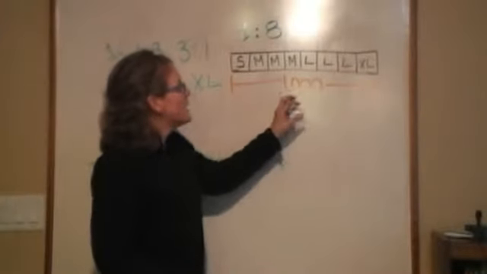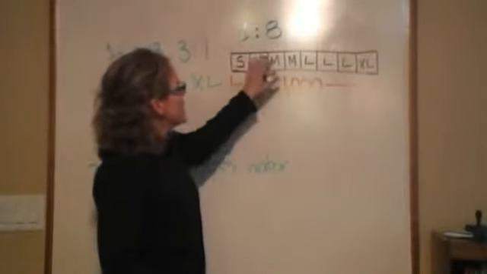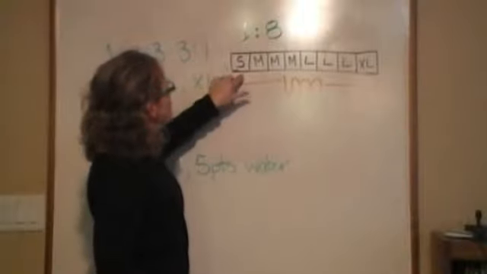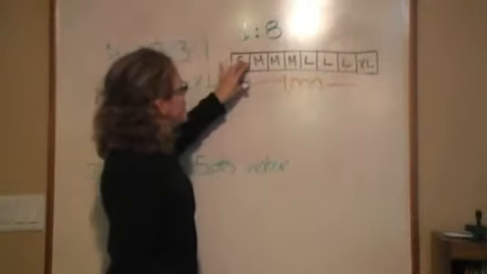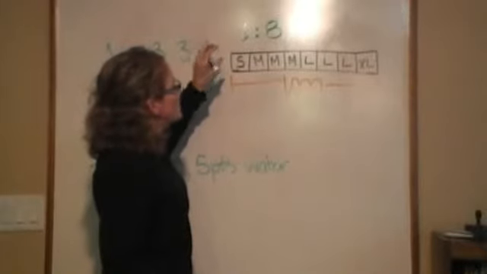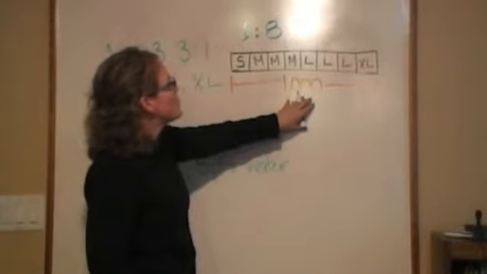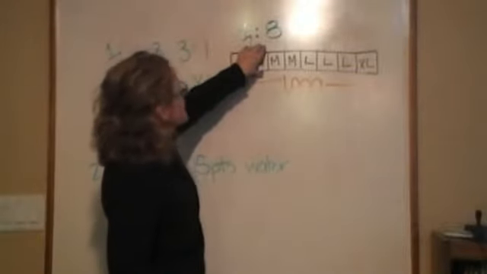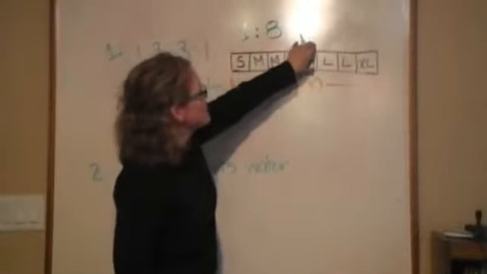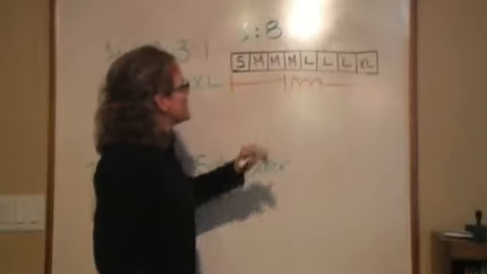So how we find out how many of each size, well, do you agree that these are all equal amounts? And all of these multiplied by a number would equal 1,000. So this number plus the same number plus the same number plus the same equals 1,000.